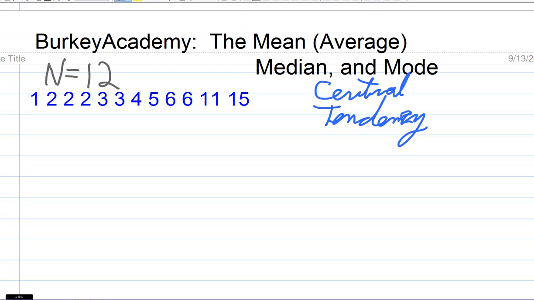Sometimes people will be more likely to use a small n when they're talking explicitly about a sample drawn from a larger population. So perhaps this might be all 12 members of a basketball team, in which case we would use capital N equals 12. That would be the preferred way.